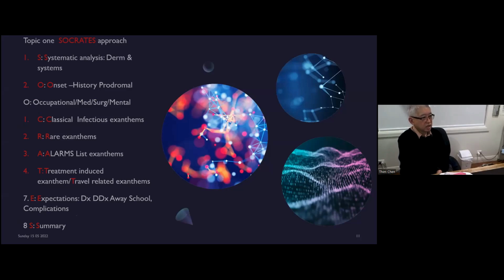So we start off with systemic analysis. Systemic analysis is basically analyzing the lesions: macule, papule, nodules, vesicles. Onset of rash means the history of the rash, the clinical course and prodromal symptoms, and also occupation and other medical history.